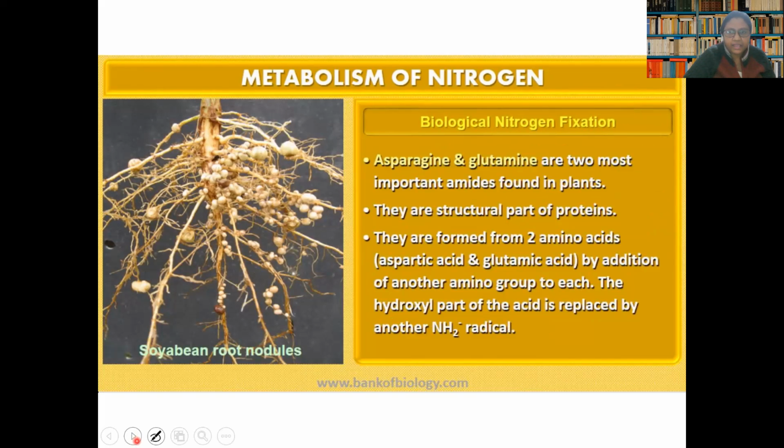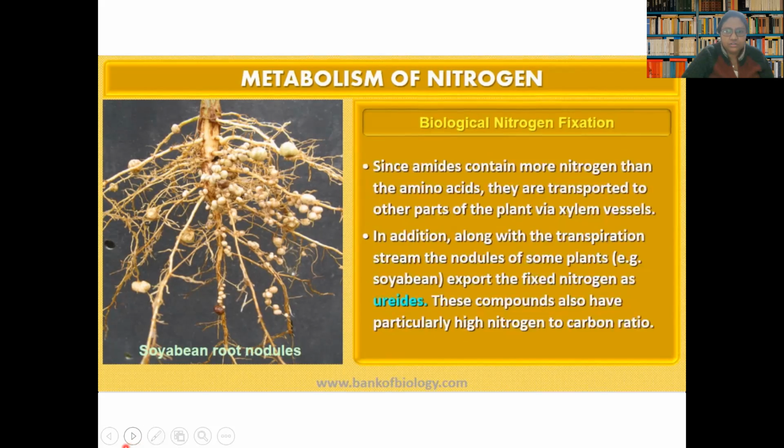That's the process by which amino acid metabolism is done. And asparagine and glutamine are the two most important amides found in plants, and they can be converted into amino acids and into aspartic acid and glutamic acid, and they are a very good source of nitrogen in plants.